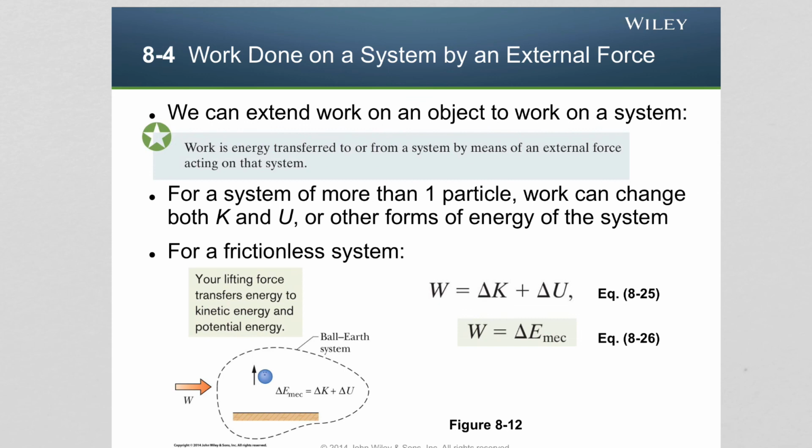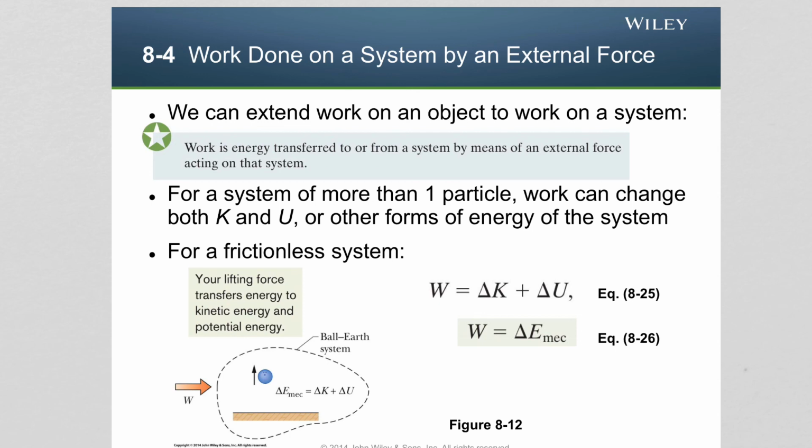So then work can be defined by this external force as energy transferred to or from a system by means of an external force acting on that system. So then the work done by that external force W will be equal to the change in kinetic energy plus the change of potential energy of the system, because lifting the ball transfers energy to the kinetic energy and the potential energy of the system.